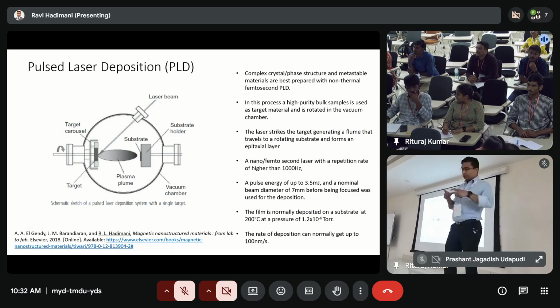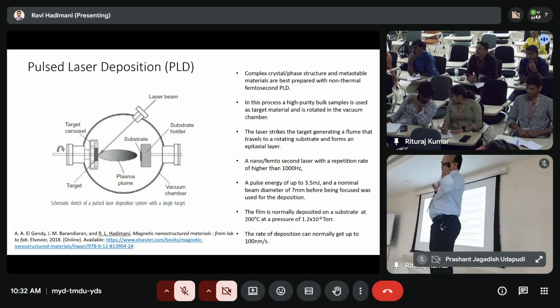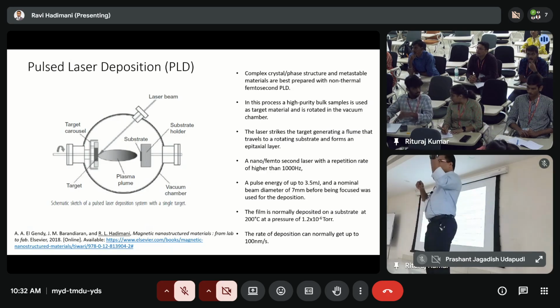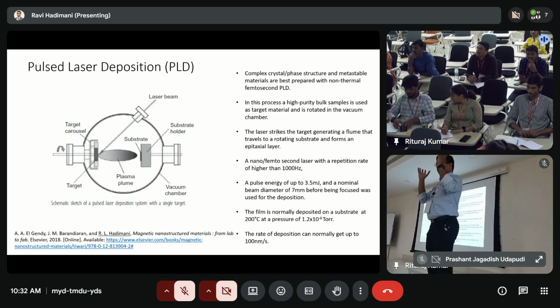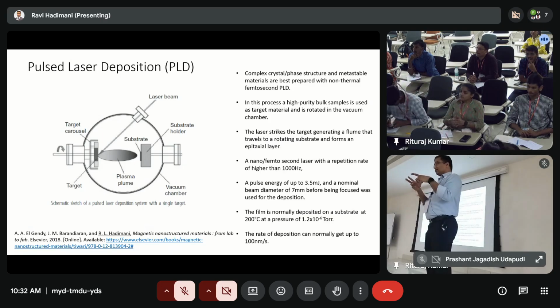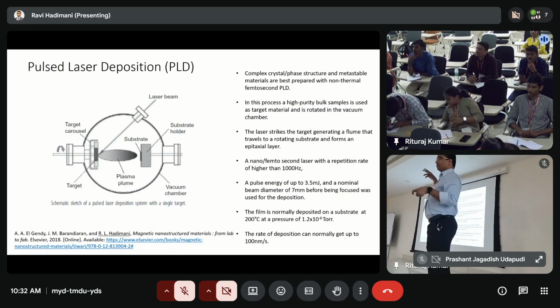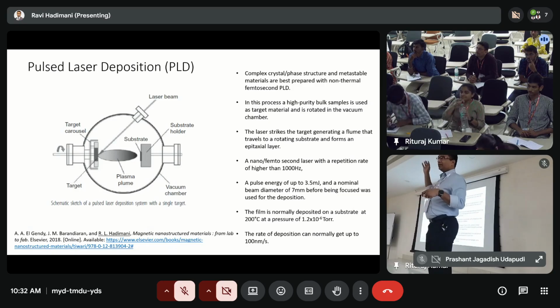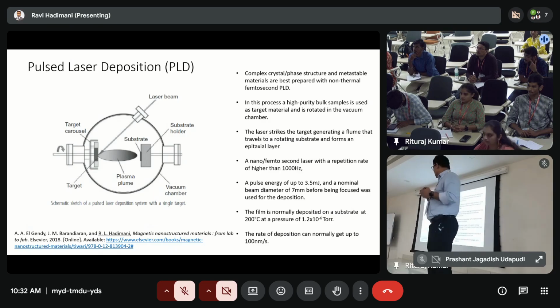So if you have really complex materials, say five elements, like a high entropy alloy, or gadolinium, germanium, silicon with some addition of iron for some special application, and you don't want to change the phase of the material but you want to deposit a thin film of it, which process do you take?